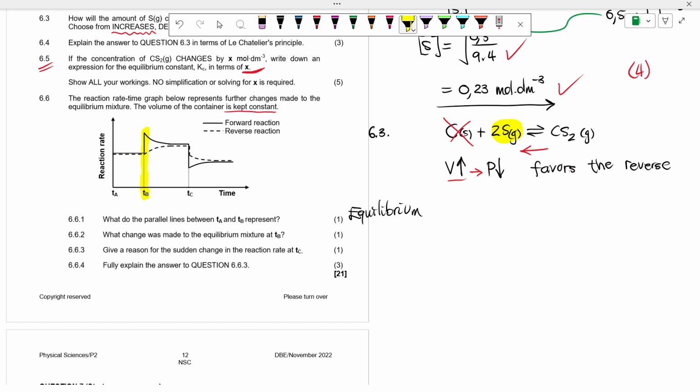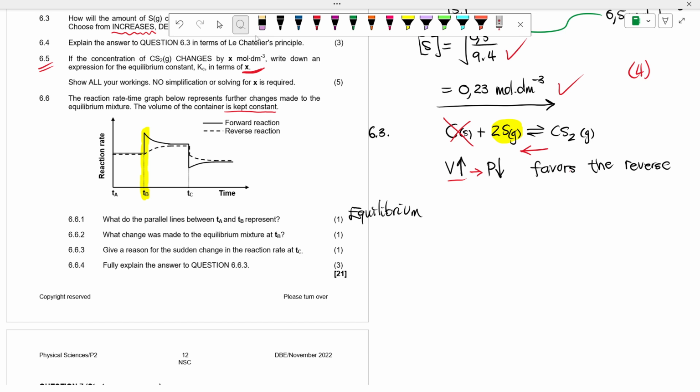That straight line and a curve, it's something that has to do with concentration. So I'm going to say increase in concentration because it's not going down and increasing, it's going up and decreasing. Yes, increase in concentration is correct.